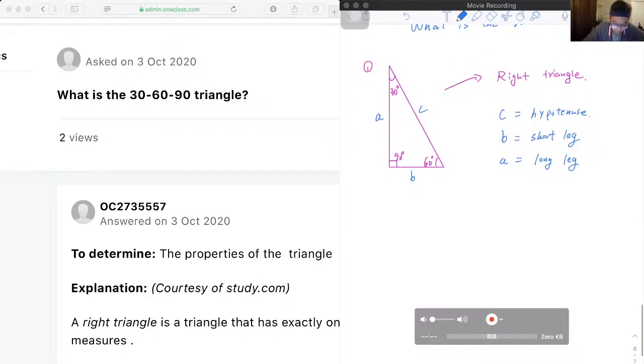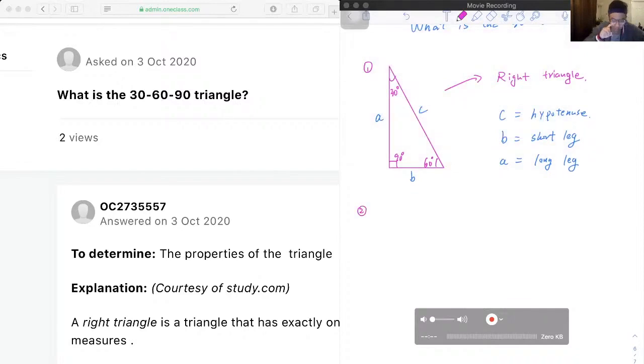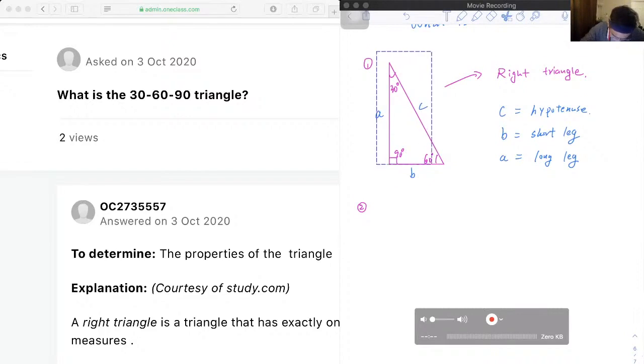Okay, so coming up, there are some characteristics of this graph. Let me copy down the graph first.